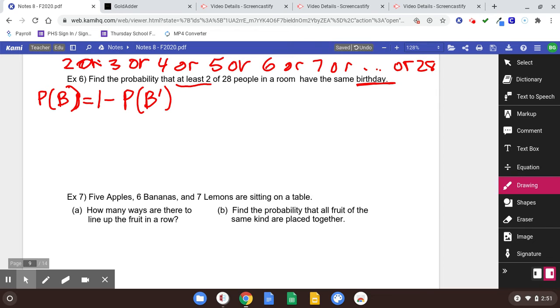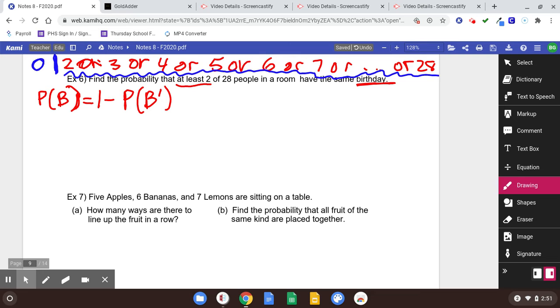So anyway, what we're going to do for this birthday problem is, instead of adding all of these things up, which is going to take forever, we're going to say the only other case that could happen is nobody has the same birthday. One person having the same birthday doesn't make sense. So either nobody has the same birthday, or 2 people could match, or 3 people, or 4 people.